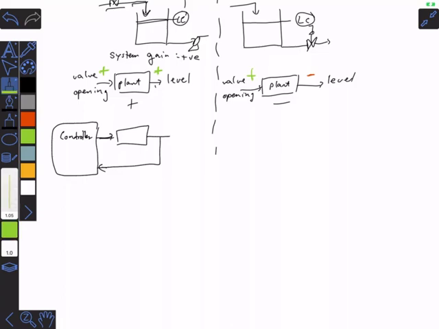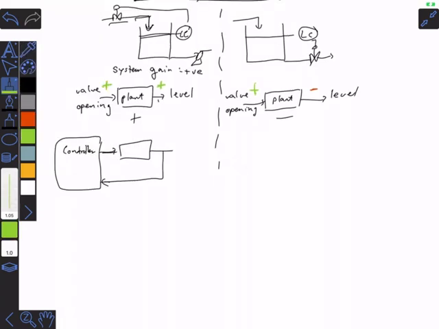And so we're analyzing first the left-hand side case where the valve is on the input side. And we're asking what should the controller do if this becomes positive? And the answer is it should close the valve. If the level goes up, the correct action for the controller is to close the valve.